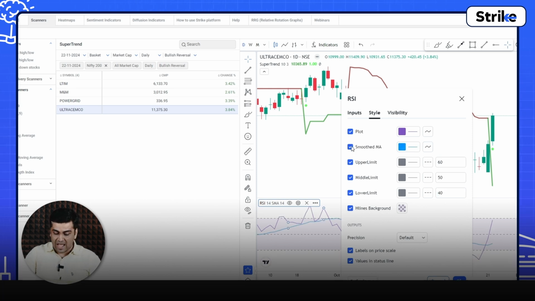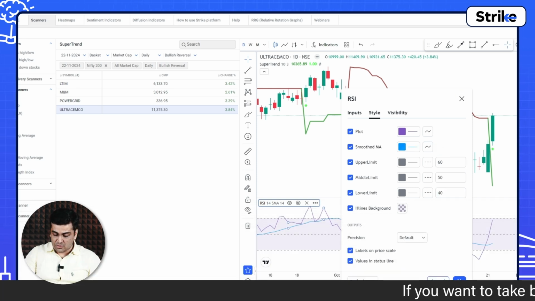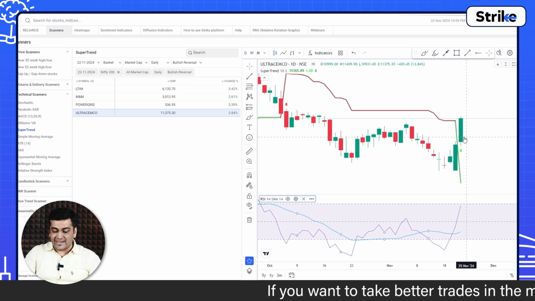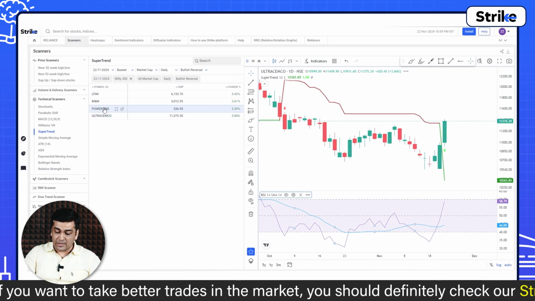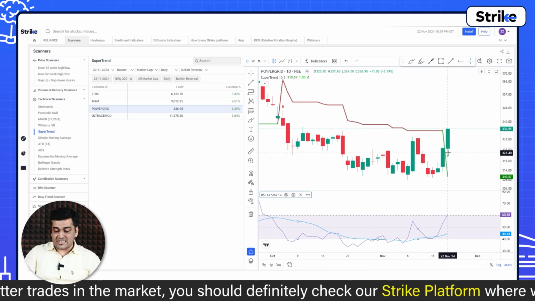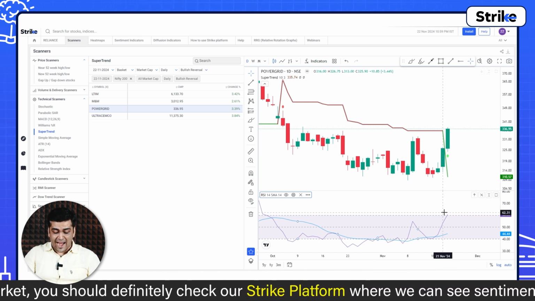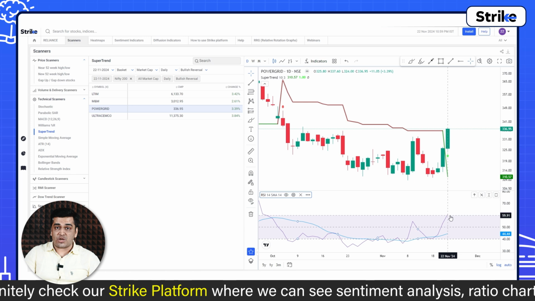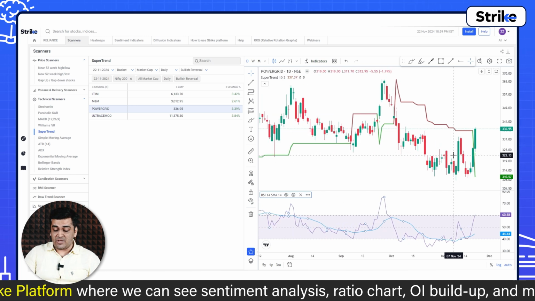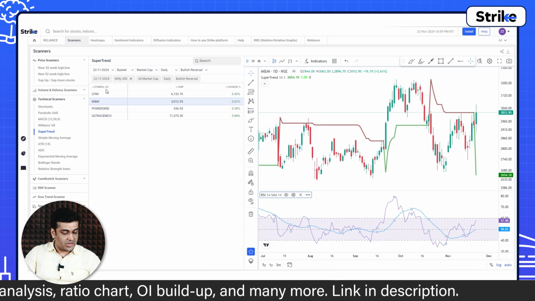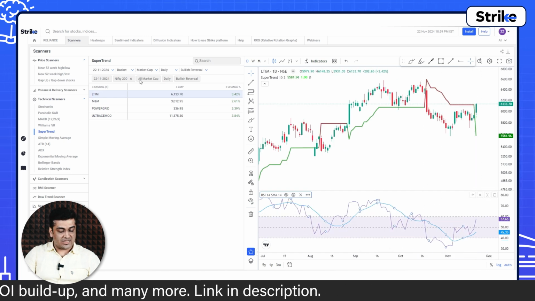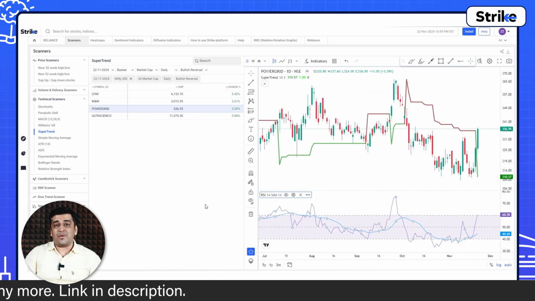You can also have your average line over here. UltraTech Cement's Supertrend indicator gave a buy signal, but RSI is still below 60, so it can be ignored as per our rules. Power Grid has given a Supertrend buy signal, and RSI has just crossed above 60, so this can be a watch-out stock. M&M RSI is below 60, and LTIM RSI is below 60. So out of the four, our focus will remain on Power Grid.